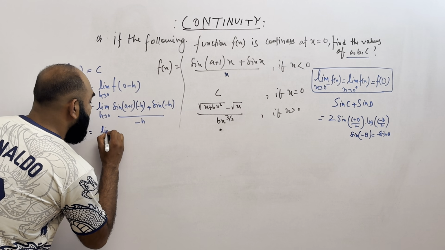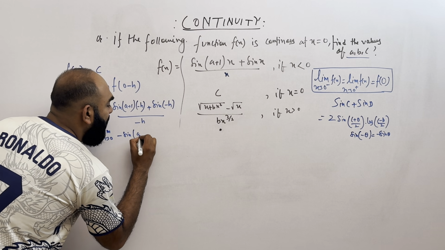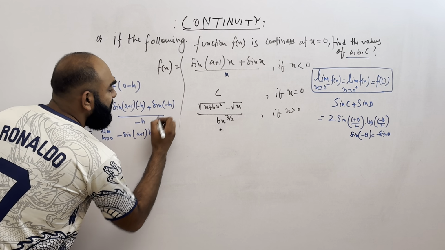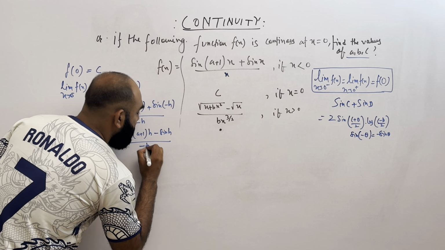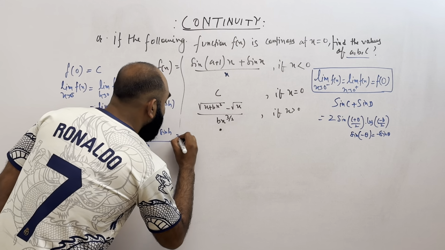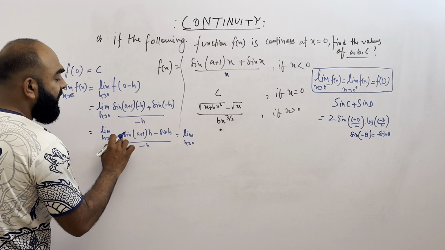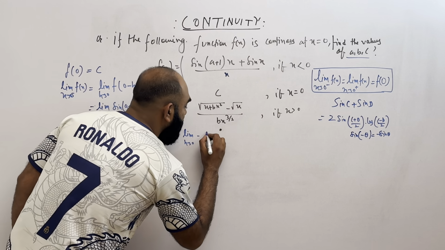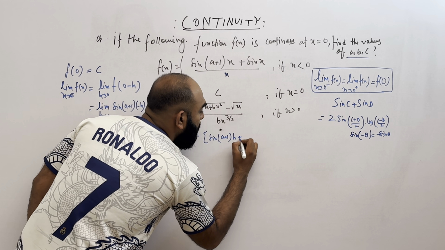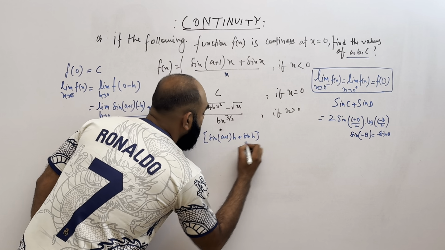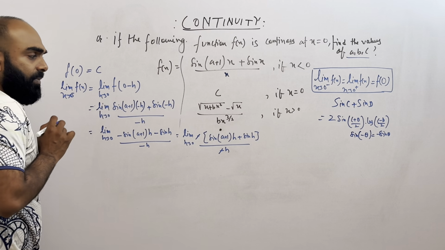So I can write the limit as h tends to 0 of minus sin((a plus 1) into h), also minus sin h, divided by minus h. Can I take minus common? Minus common, sin((a plus 1) into h) plus sin h, divided by minus h. Minus minus cancel. Correct sir.